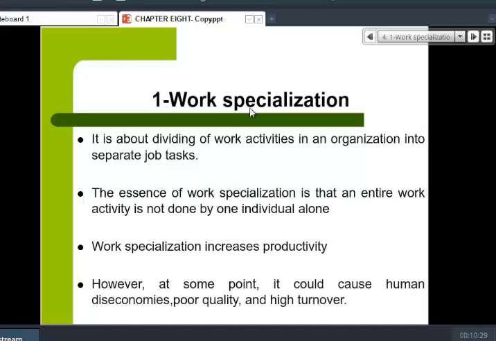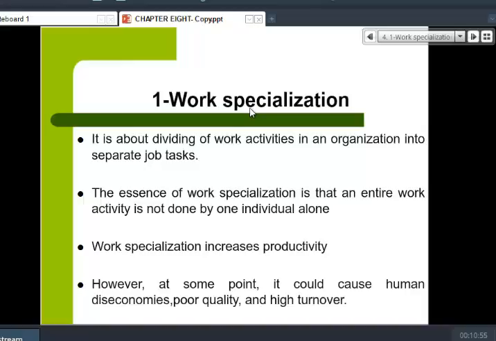The essence of work specialization is that the entire work activity is not done by one individual alone. It's done by the whole corporation together with the departments. So work specialization increases productivity. If you give each staff member a specialty, this will increase productivity.